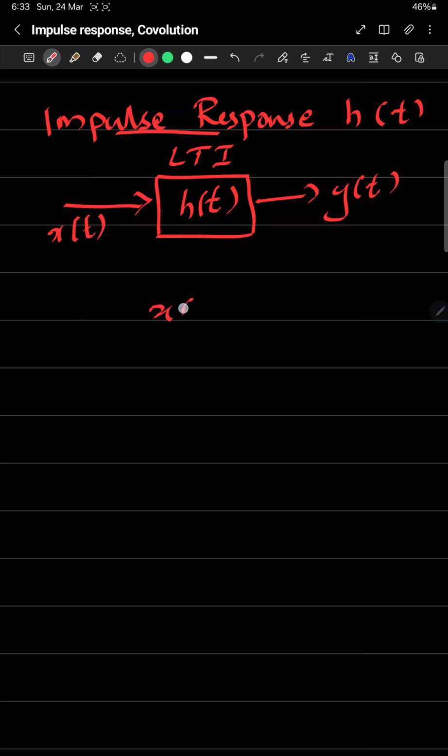If you know the input of a system, and the impulse response h of t, then you can calculate y of t using this operator. In the continuous domain, we call it the convolution integral, denoted with the asterisk symbol. We read it as: y of t is equal to x of t convolution h of t. So convolution is a mathematical operator that helps you find the output of a system when you know the impulse response.